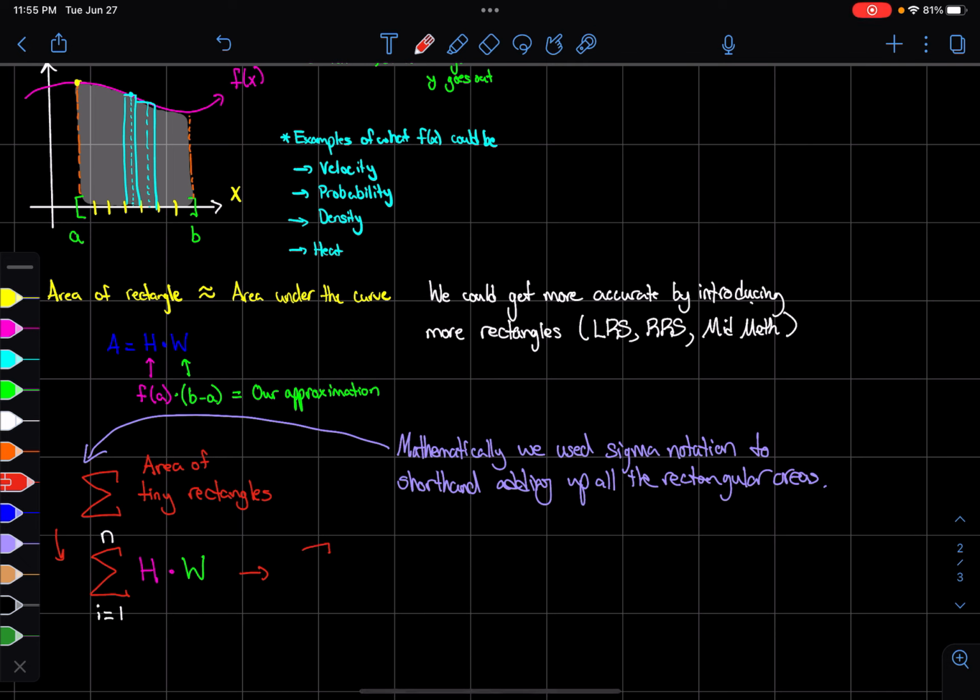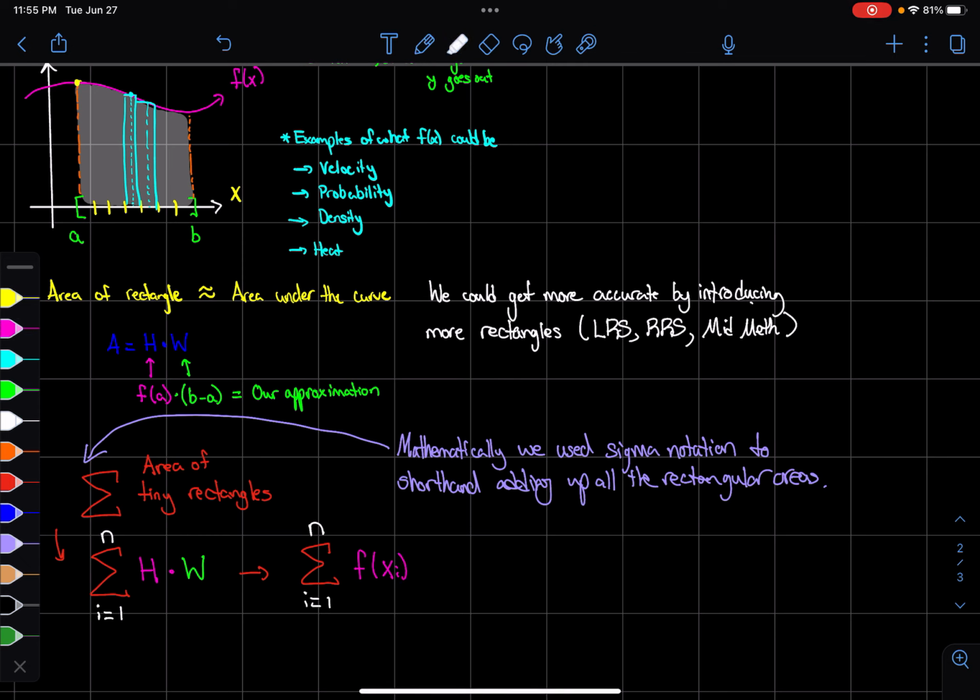So the next natural question is, we have n number of rectangles. How tall is one of these rectangles? Well, you pick an x value and you figure out what the y value is, right? That was how we did it. We said the height was whatever the y value is for a particular x value.